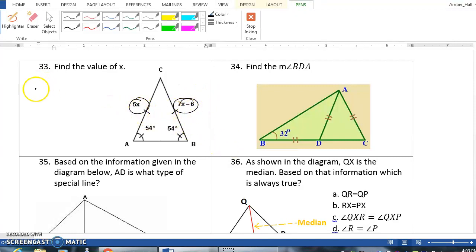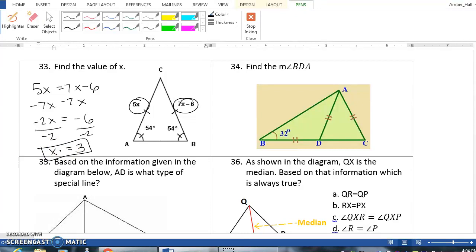They have to be congruent. Therefore, 5x equals 7x minus 6. And I solve for x. So I'm going to get my x's on the same side. So minus 7x. I get negative 2x equals negative 6. Don't drop your negative. And I divide both sides by negative 2. And I get x equals 3.